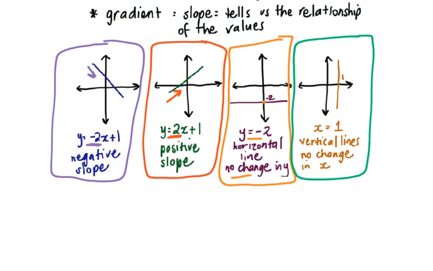And this is where the line only goes through the x-axis. In this example, we write the equation as x equals 1, because the line only goes through 1 on the x-axis. And we describe this as no change in x. So as you can see, we can determine whether the gradient is positive or negative or constant based on not only the description of the graph, but also the equation.